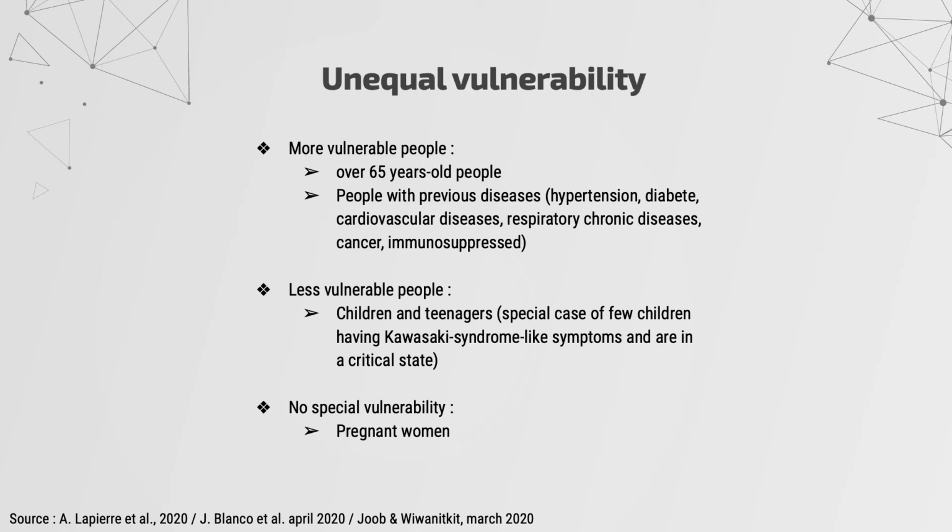Then apparently there are some people who are less vulnerable, mainly the children and the teenagers, with the only case of a few children who happen to have syndromes similar to the Kawasaki syndrome. However, according to the doctors, it was not the Kawasaki syndrome, it was just the same symptoms, and those few children were in a very critical state.